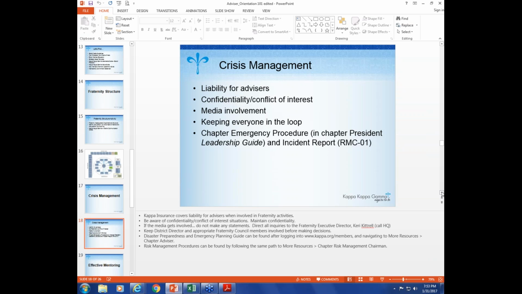The chapter council advisor or whoever's there should call Carrie Kittrell at headquarters immediately. Let your district director know, and then you will be given directions if anybody needs to talk to the media. But just don't make any statements. Katie, you have anything else to add there?